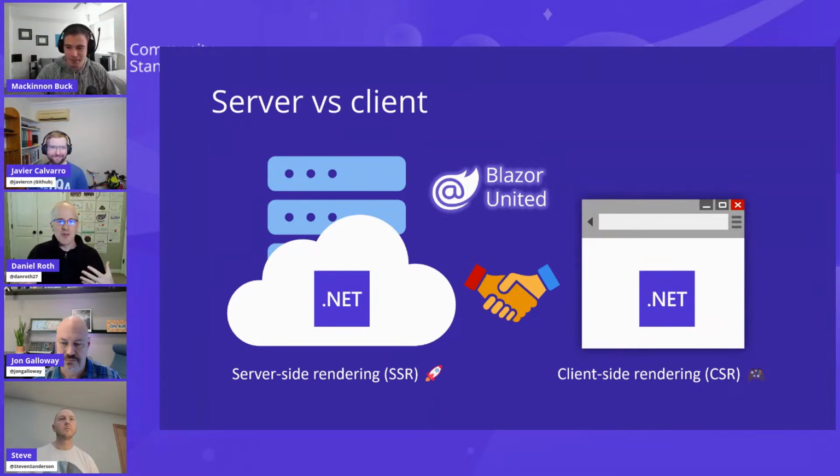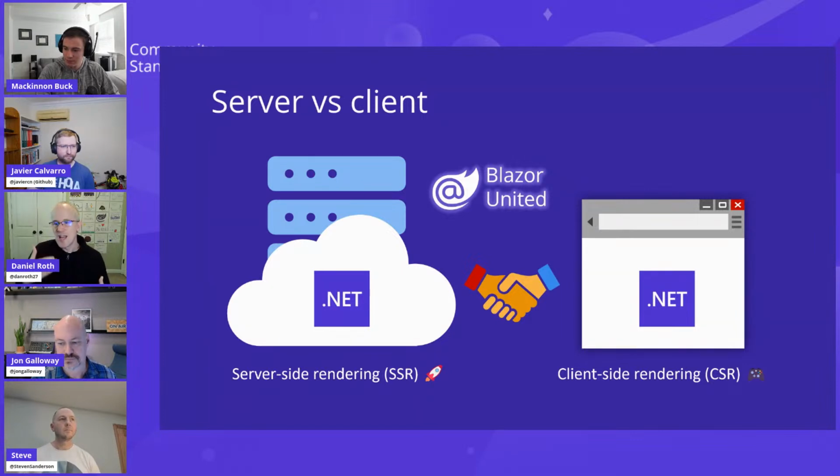Blazor United will enable you to use a single Blazor-based architecture for all of your web UI scenarios. You'll be able to use Blazor components to render HTML directly from the server and also get full client-side interactivity with Blazor Server or Blazor WebAssembly. And that's all within a single project with the ability to easily switch between the different rendering modes and even mix them on the same page.